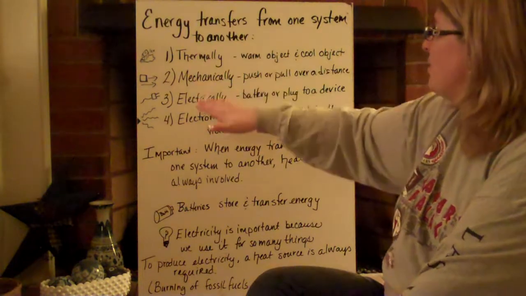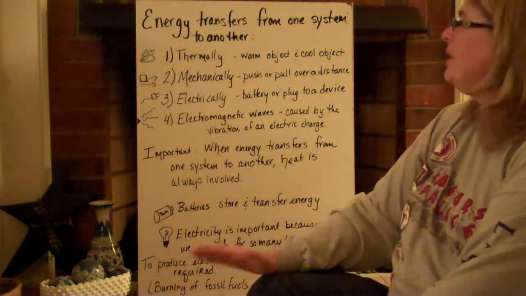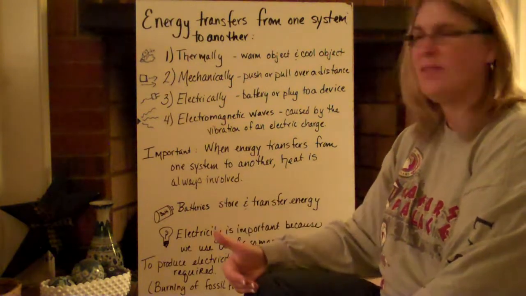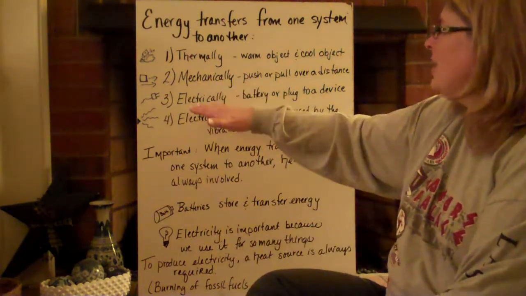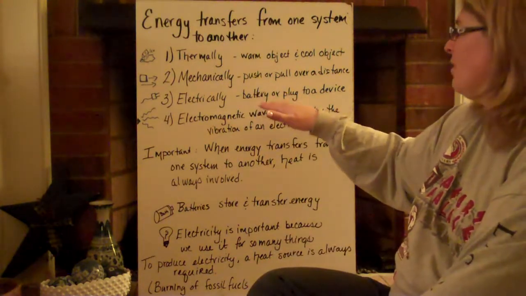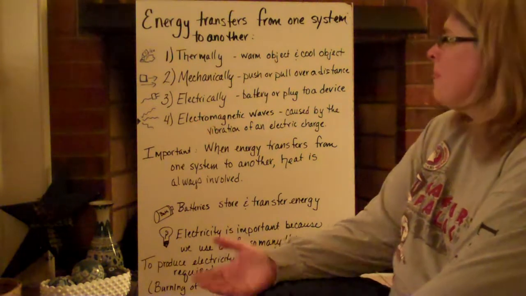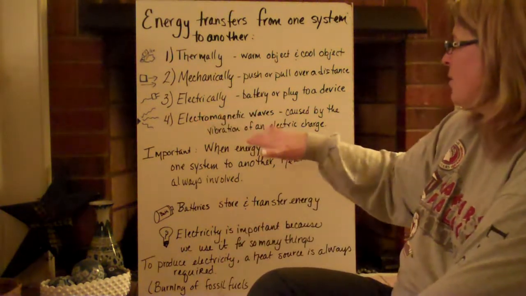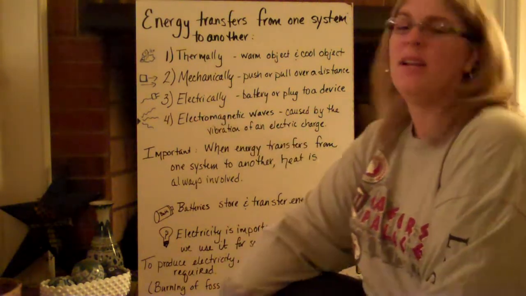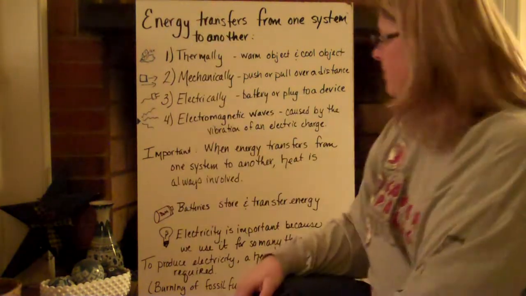To mechanically transfer the energy, you have to push or pull something over a distance. Here I've just got a box we push or pull. Again, that push or pull over a distance is work. To electrically transfer it, when you plug in that device to a battery or to an outlet, that's actually transferring energy. And then the last one is electromagnetic waves. It's caused by the vibration of an electric charge. You've seen maybe an explosion or something and you see the waves that go out.